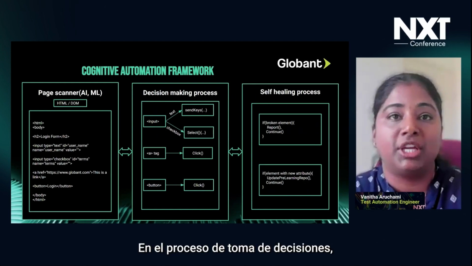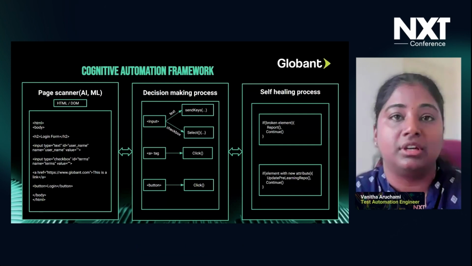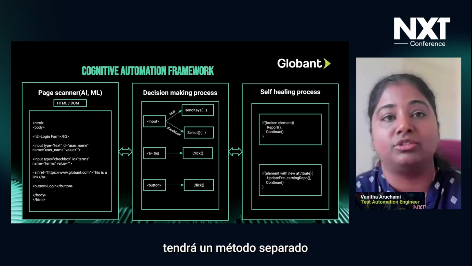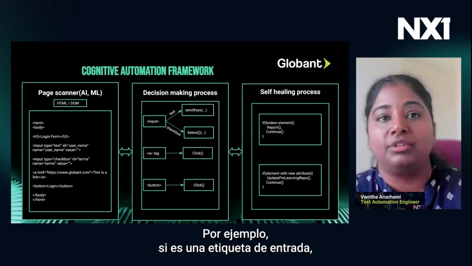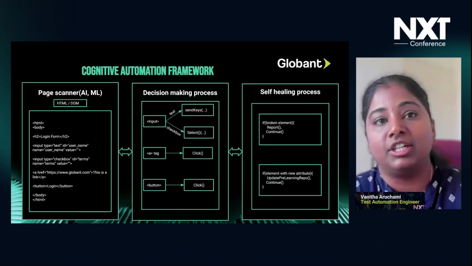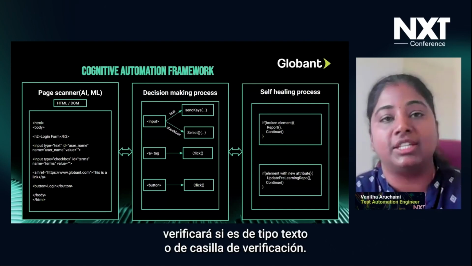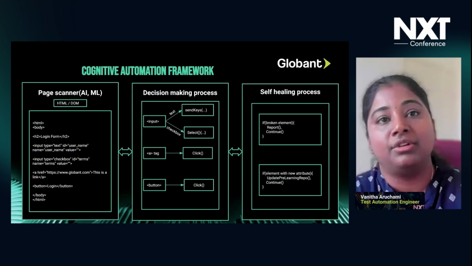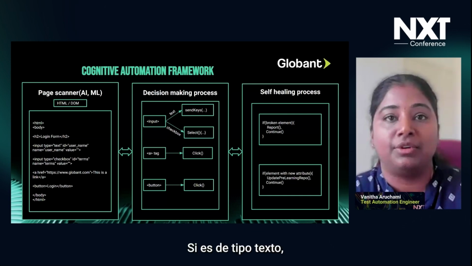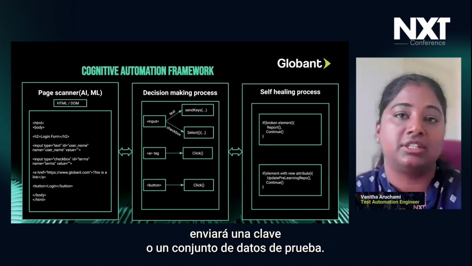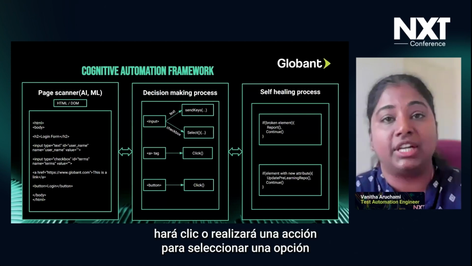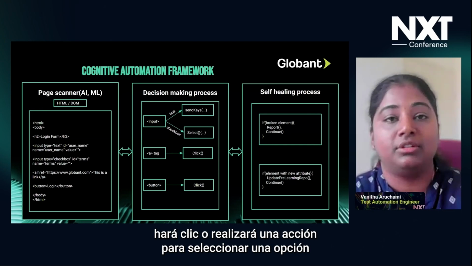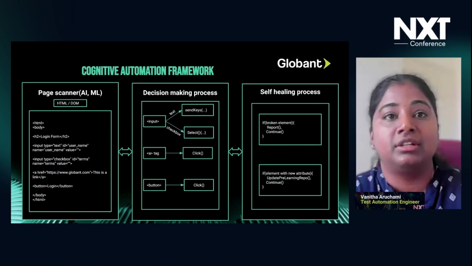And in the decision-making process, it will have a separate method to handle each and every tag. For example, if it is an input tag, it will check whether the input tag is text type or a checkbox type. When it is a text type, it will send keys or a set of test data. If it is a checkbox, it will click or give an action to select an option in a given list.